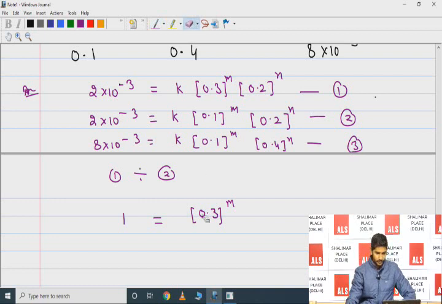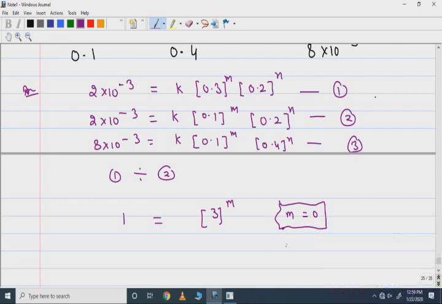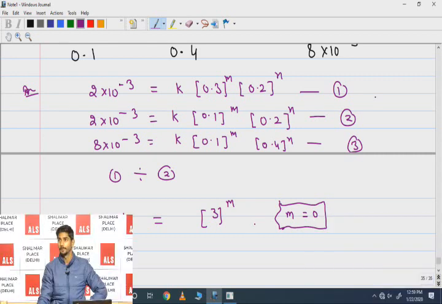This is not 0.3, this is simply 3. Okay. So if I put m is equals to 0, we know that power of any number 0 is equals to 1. So here the value of m comes out to be 0.